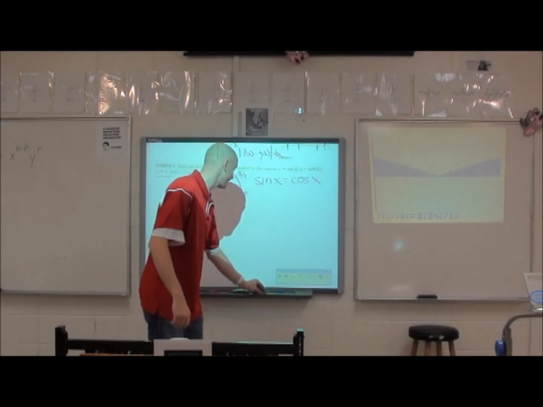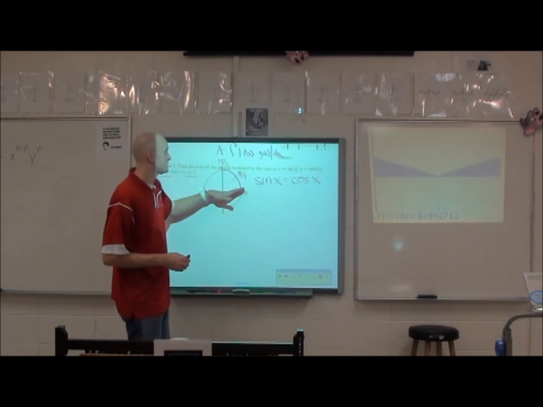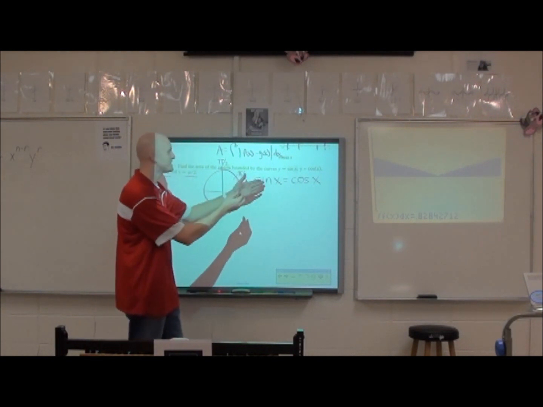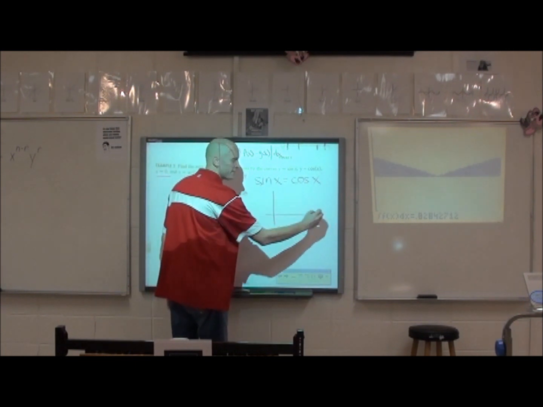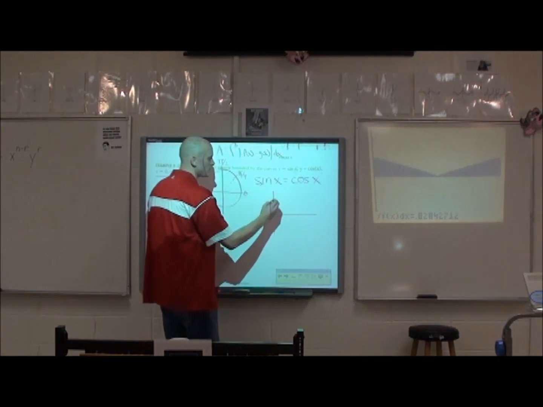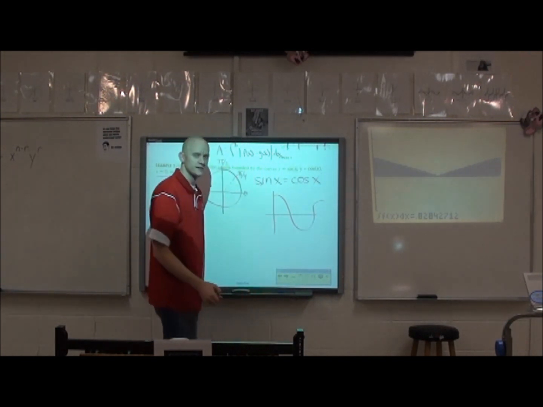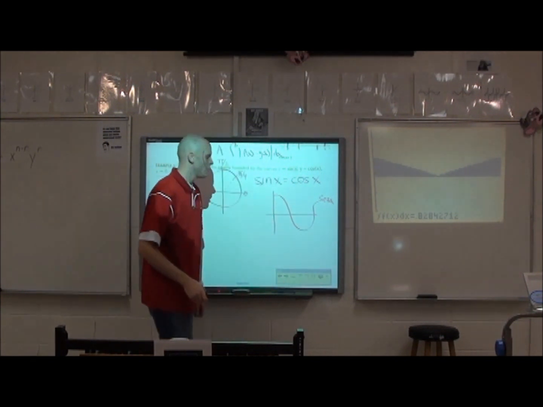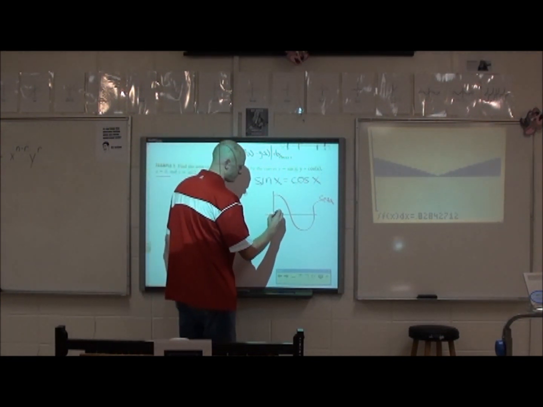So using that knowledge that you already have, we know that we have a change in top curve and bottom curve at this point. If I sketch what these things look like in the first quadrant, cosine starts here, and sine starts at the origin.